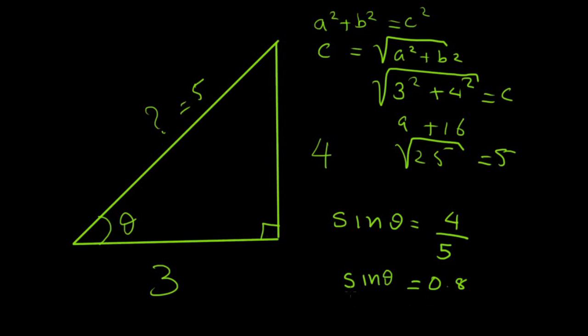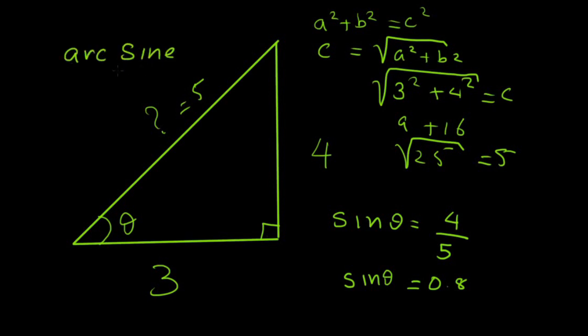We know that sine of theta is equal to 0.8, but we want to find out the theta. If we take the sine of an angle, we will get 0.8, so we want to find out which number we should take the sine of so that we get 0.8. And for this I am going to use a function called arc sine.